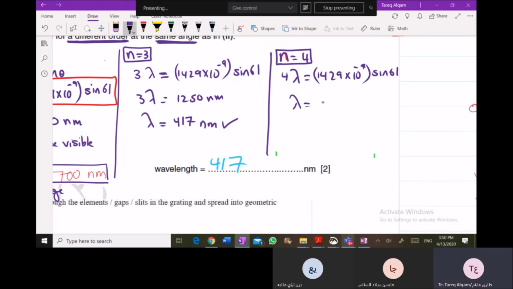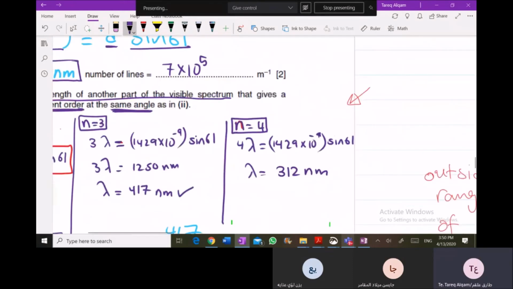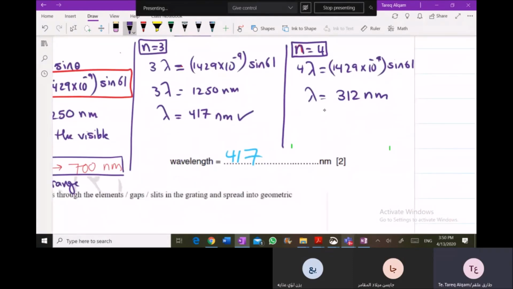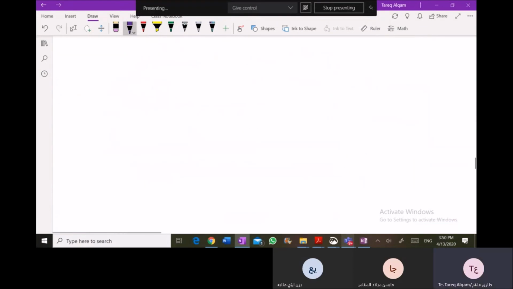If I do this calculation, lambda equals 312 nanometers. Oh, this wavelength is outside the range. So the answer is 417 nanometers. Okay?